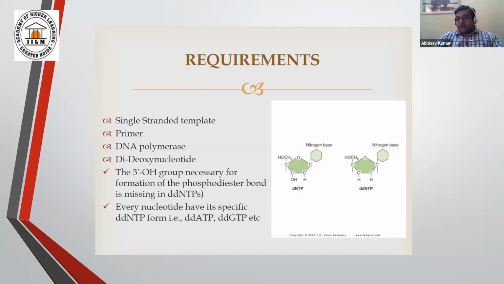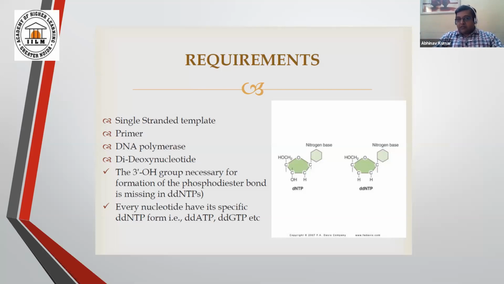The requirements to start the Sanger method are a single stranded template. In all the sequencing methods, you can't take the double stranded DNA as a whole. You have to separate it, and generally heat is used to separate this coil.